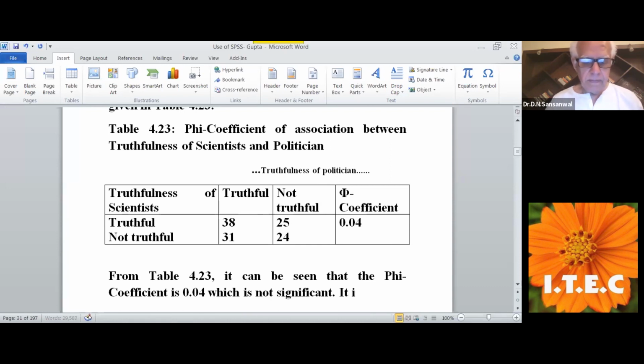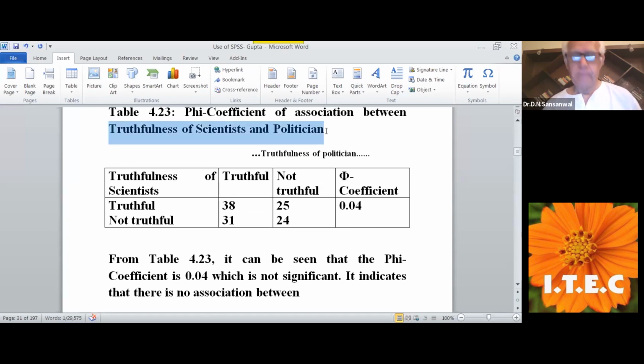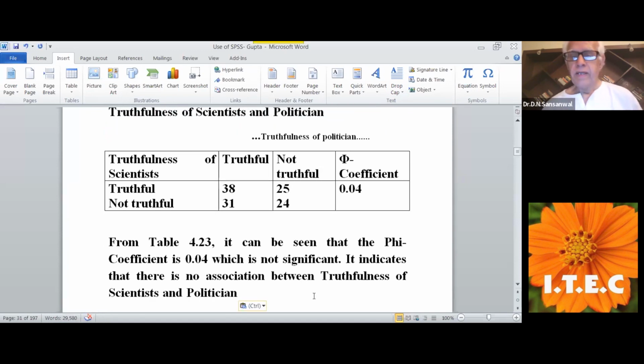It indicates that there is no association between the truthfulness of scientist and politician.